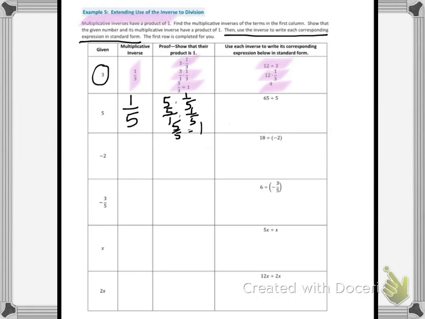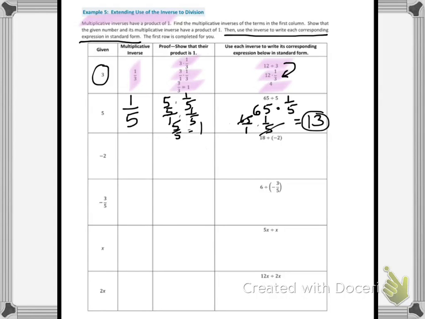What you're going to do is change that, like we did up here, from a division problem to a multiplication problem. So you multiply 65 times 1 over 5, which is 65 over 1 times 1 over 5, and if we do our cross multiplication, we end up with 13.